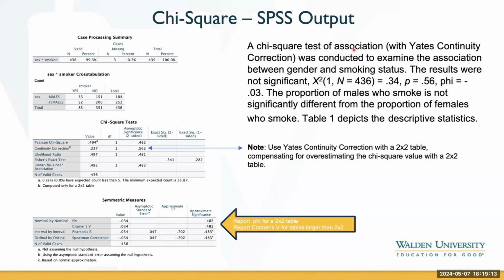These are just examples. Was conducted to examine the association between, almost just repeating the research question: gender, is there an association between gender and smoking status? Then we notice here what's missing. No assumptions in this write-up, because the chi-square test is what we call a non-parametric test.